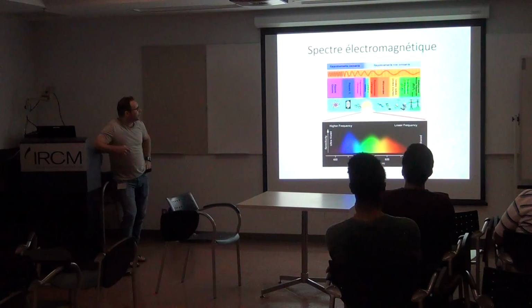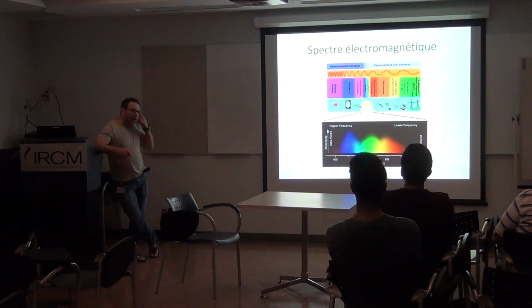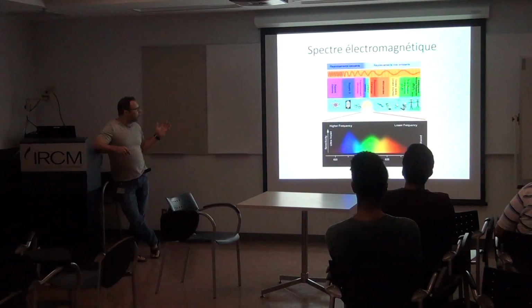So the electromagnetic spectrum, so most of the time we will play in the visible range. So that's the light that our eyes are able to see. But there's a lot of electromagnetic waves that our eyes don't see, like X-ray or gamma ray, even ultraviolet, UV, which is kind of the light also.